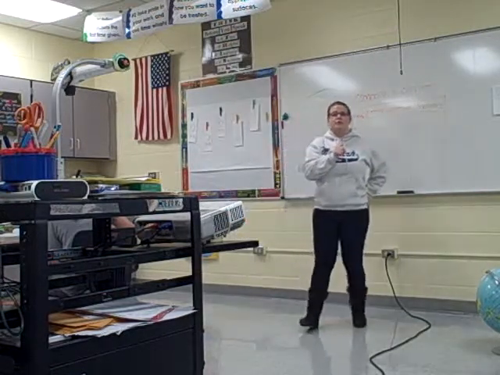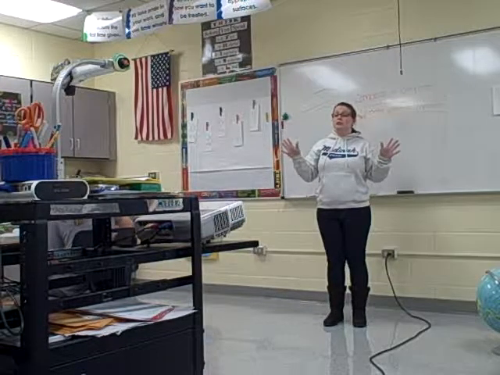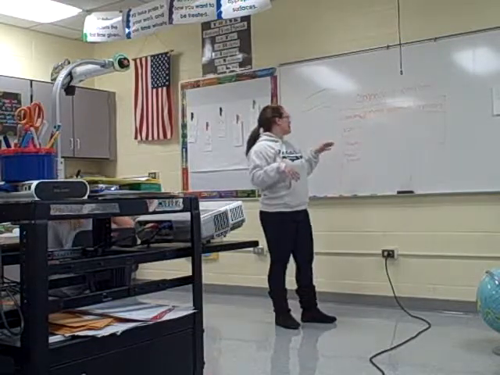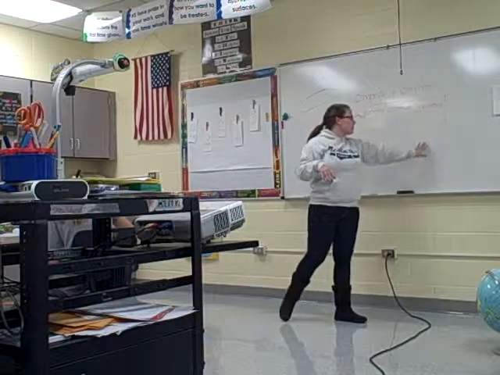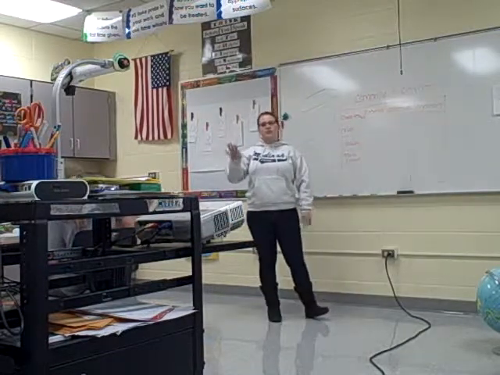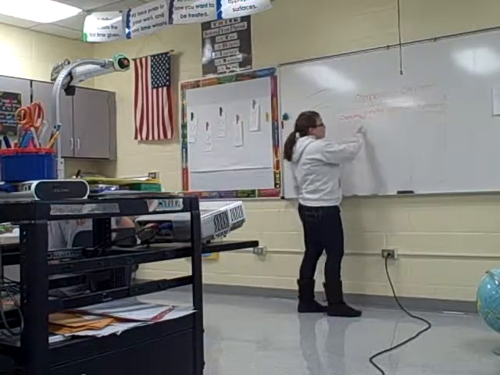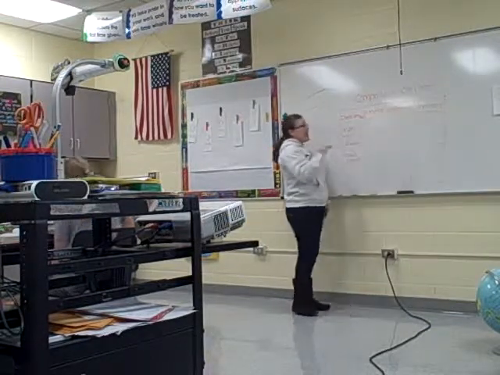All right, so here's the deal. I need you to freeze and stay still while I give directions. There are only about 1.5 to 2 minutes left. So let me summarize real quick before you pack up. Freeze, give me 30 seconds. Thank you. What we're going to continue to do is fill in for meteors. Then you can look at your chart and find things across the rows that they have in common.